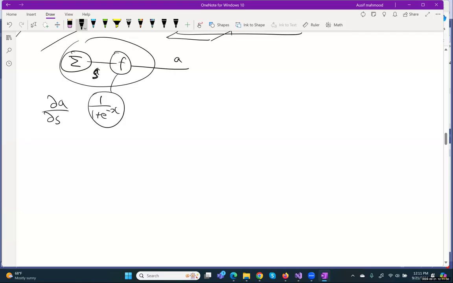So suppose y equals 1 over 1 plus e to the minus x, right? From your basic derivative math, you will remember there's a numerator, there's a denominator. So you will treat it as if it's u divided by v, right?